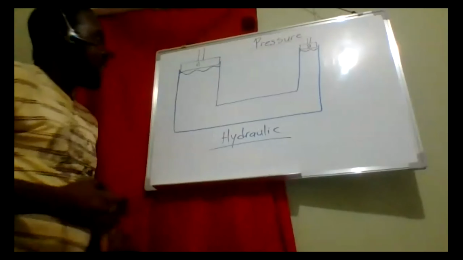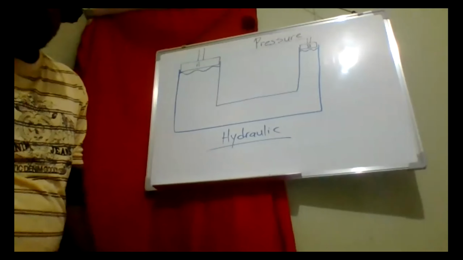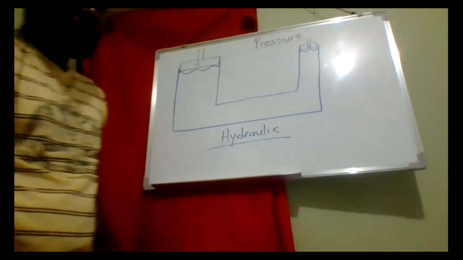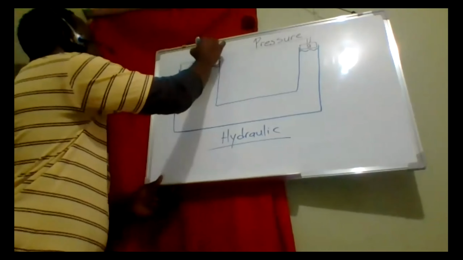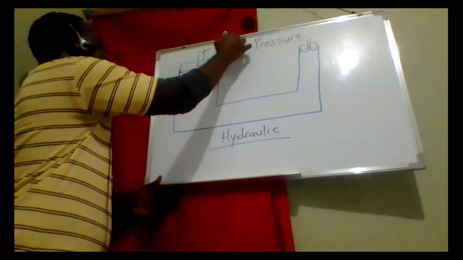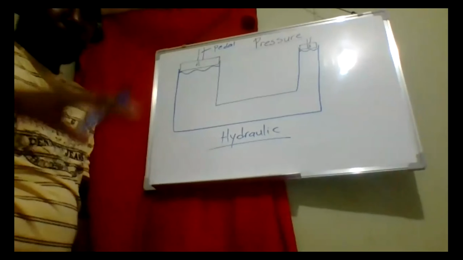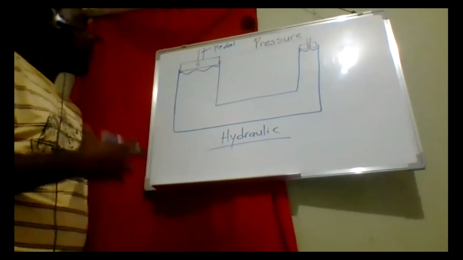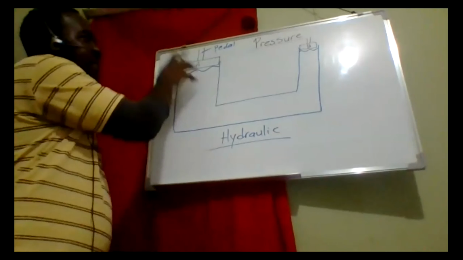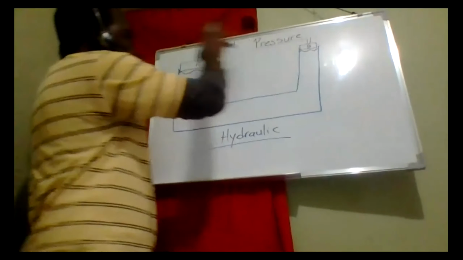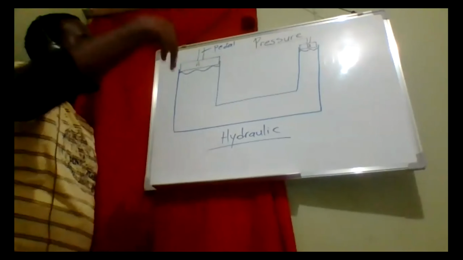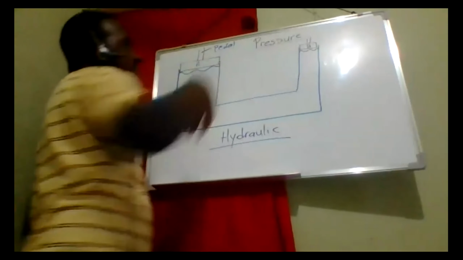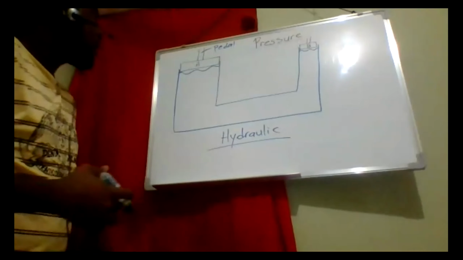Let's call these piston B and piston A. Now, piston A is what is connected to your brake pedal. So when you press your force on the brake pedal, we notice something about this side and this side. This has a greater area than this side, and there is a reason for that.